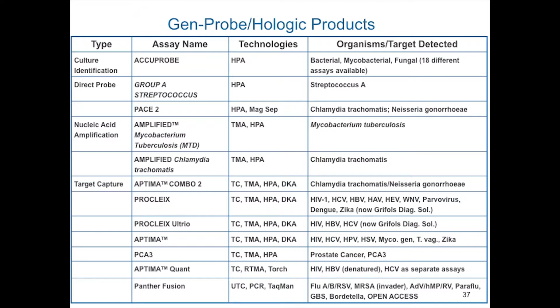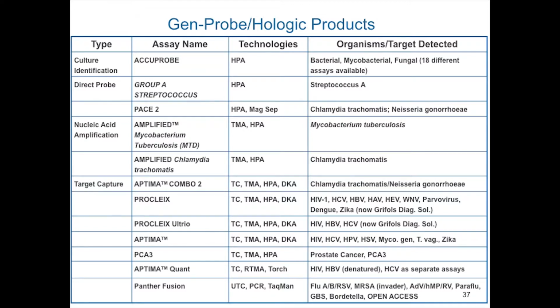And then you layer in there was a MagSep, then the hybridization protection assay plus TMA. That was the MTD assays for detecting tuberculosis, and then chlamydia, and then this whole series of Aptima, target capture, TMA, HPA, and the DKA, the dual kinetic assay I mentioned. A whole series of assays using that IP.